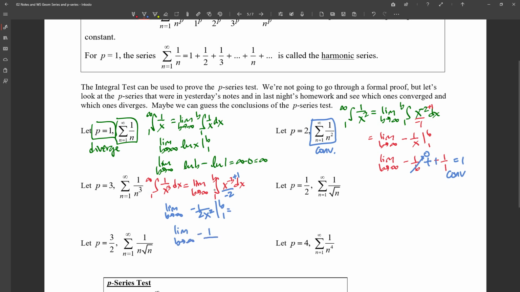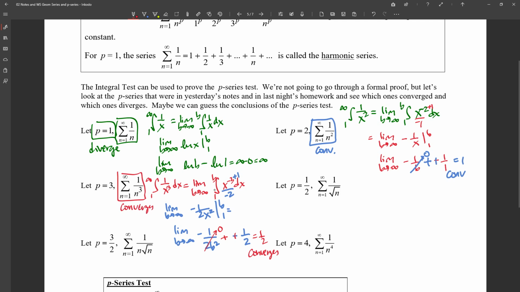First I plug in the b, then I plug in the 1, then I slap a minus sign in between. That's a minus minus. This infinity goes right here. This gets bigger and bigger and bigger. This will go to 0. This thing converges to 1/2. And it doesn't matter what the integral converges to. All that matters is that it does converge. So what I know is when p is equal to 3, then this series actually converges.